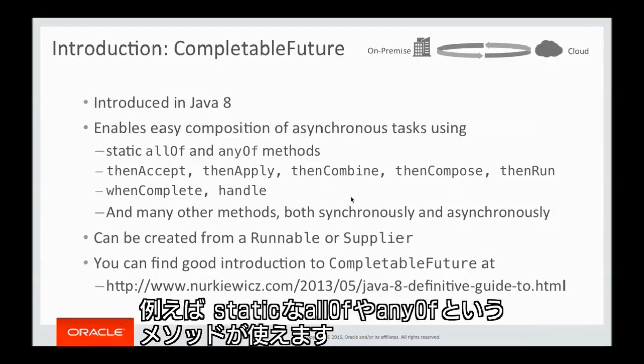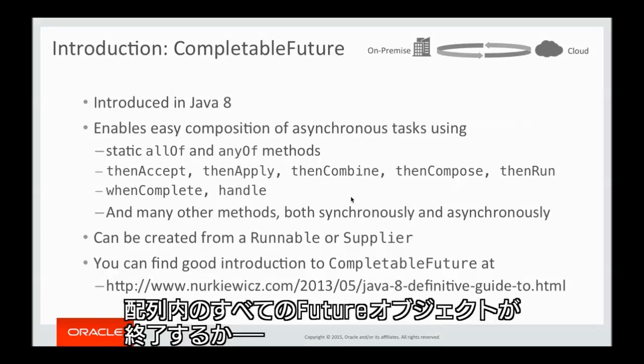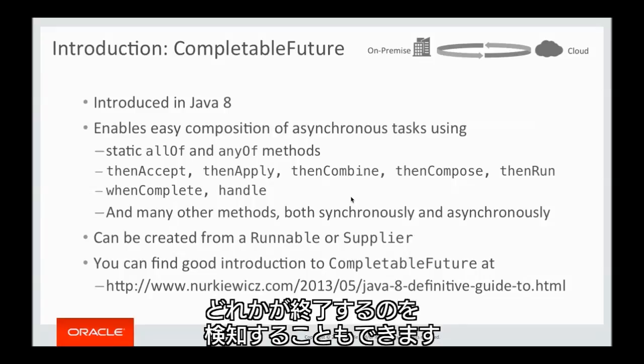So for example, you have the static allOf and anyOf methods. You can pass an array of CompletableFutures to both of these methods, and they will give you a future that completes when either all of the futures in the array or any of the futures in the array are completed.